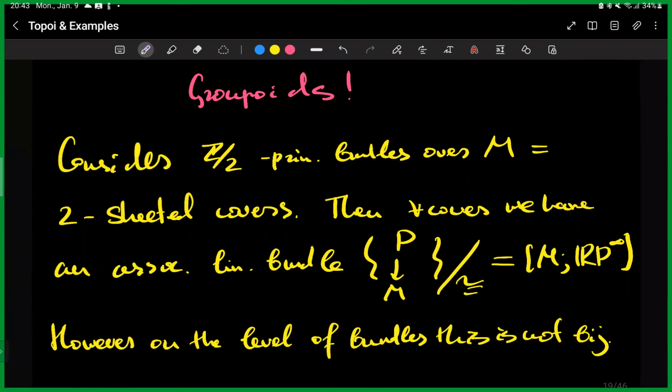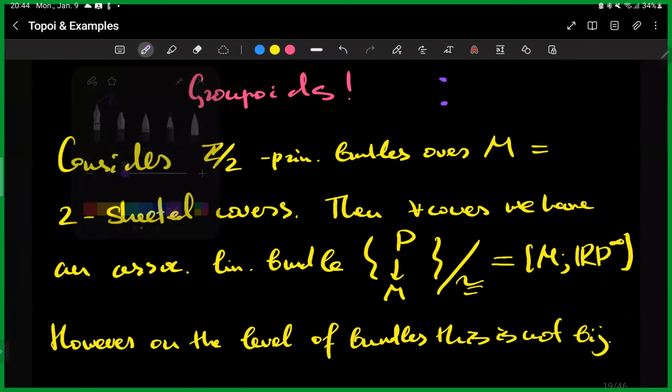Clearly, such principal bundles are just 2 sheeted covers of a manifold. And if we have a 2 sheeted cover, we can actually associate to it a one-dimensional real vector bundle. So we can think of elements of the fiber as points of norm 1 on the line.